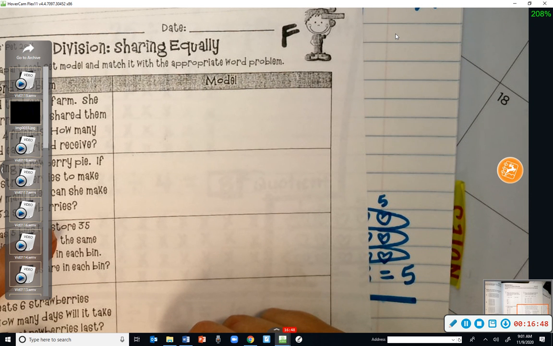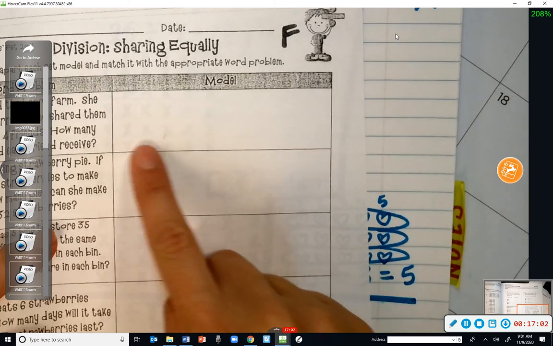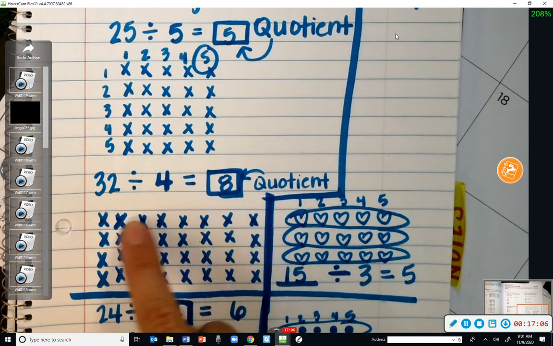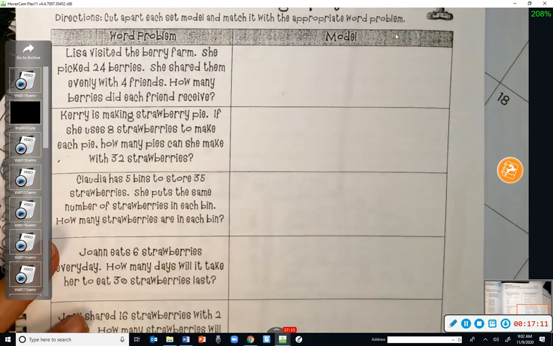Kelsey? We said an array or equal groups, but what else do we need to show in that box? Only to show our work. That's part of showing your work, but be more specific, Kaylee. The number sentence, like this. Write your division number sentence in the box, okay? Box your answer. Good job.